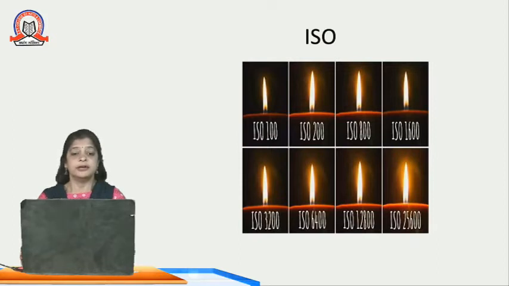The available light gets captured at high ISO comparatively to low ISO, that is 100 ISO. The picture also shows you that the brightness is high at high ISO and the brightness is low at low ISO.